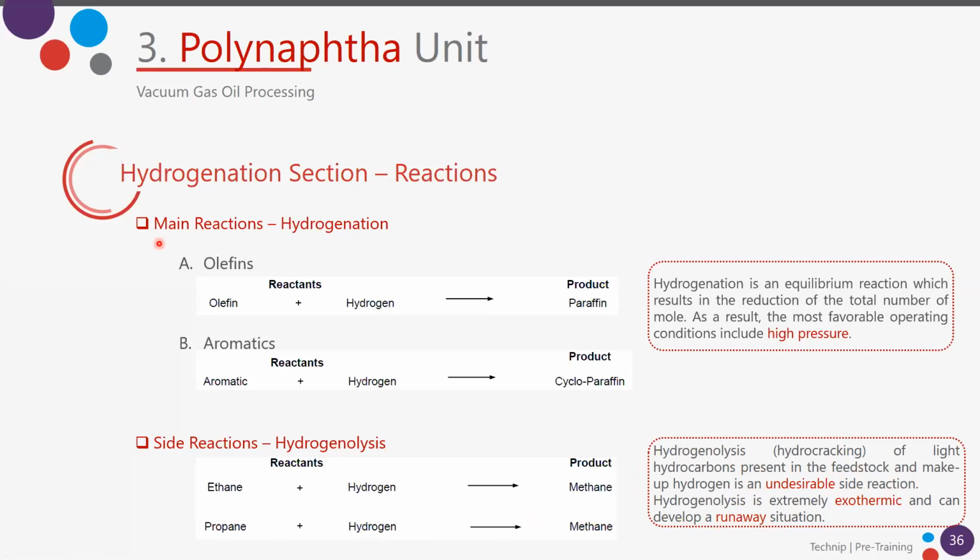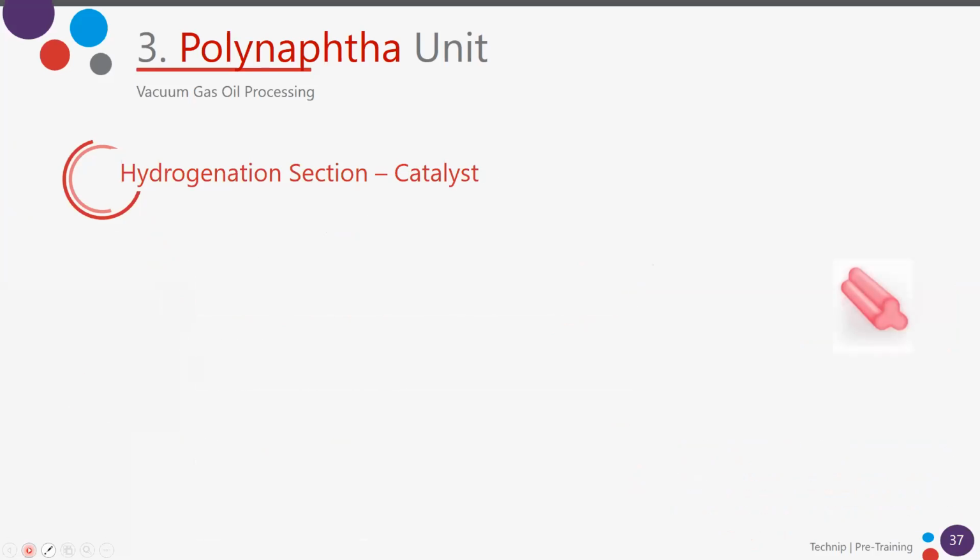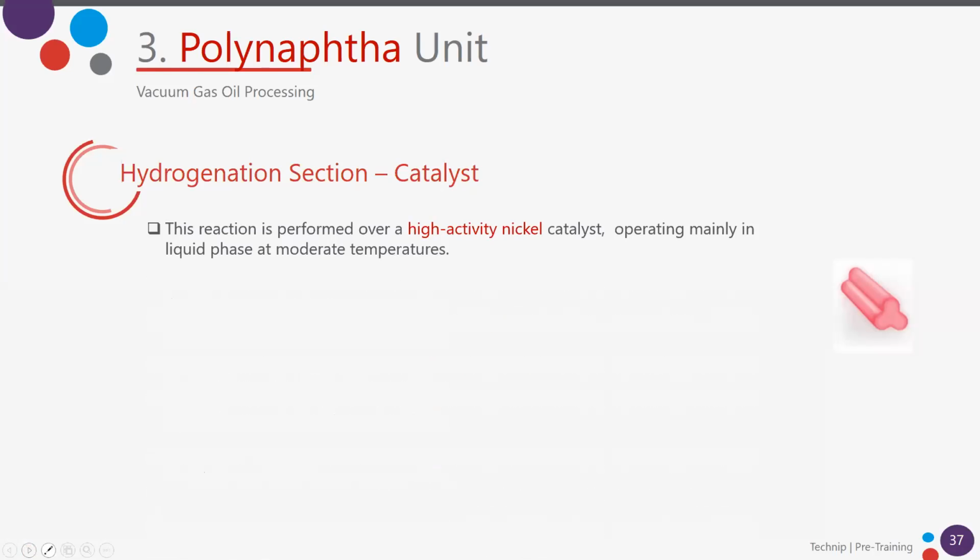So these are our main reactions, okay? The olefins plus the hydrogen produce a paraffin, okay? What kind of catalyst do we use in this section? This is a high activity nickel catalyst with a three-lobe shape.